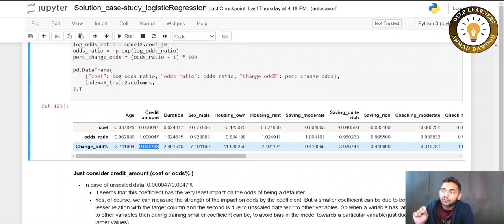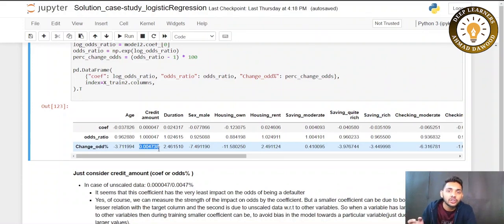That's why the model gives a smaller coefficient to that particular variable. It does not mean that credit amount has a weaker relation with the target column.